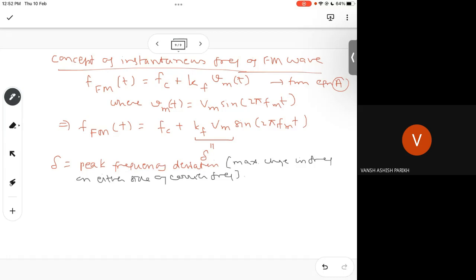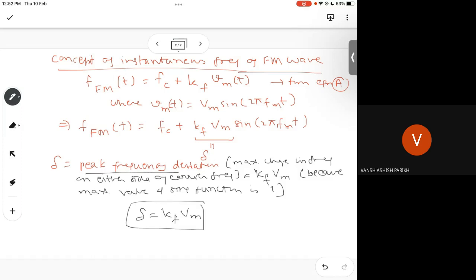Because your maximum value of sine is 1, so it remains Kf Vm. So delta is defined as the peak frequency deviation and is given as Kf Vm. That is what we call the maximum frequency deviation.